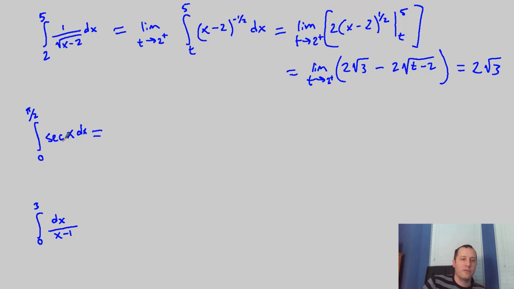Pi over 2 is a vertical asymptote on the secant function. So we're going to write this as the limit as t approaches pi over 2, again, this time from the left, right? Because we're looking at values between 0 and pi over 2. So as t approaches pi over 2 from the left, of the integral from 0 to t of secant of x dx.